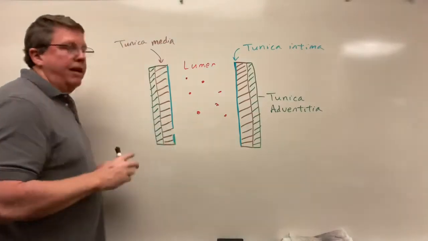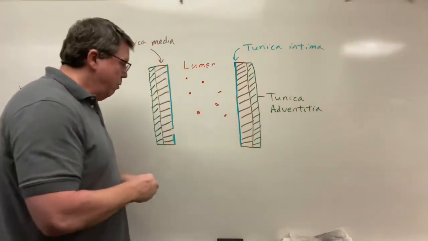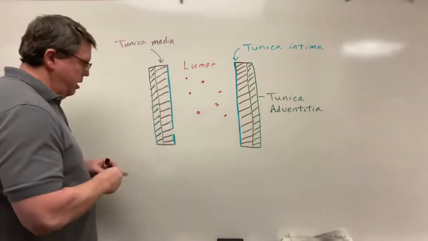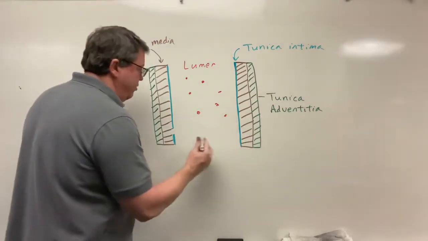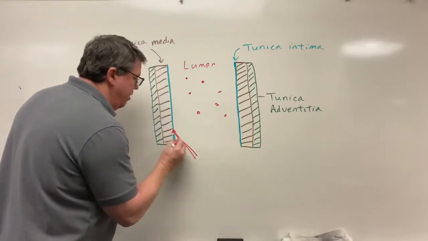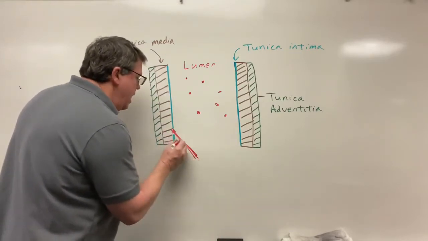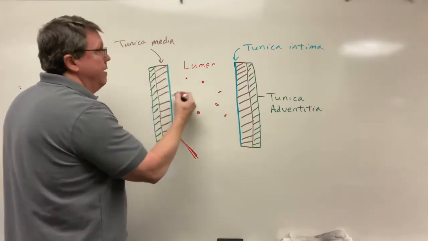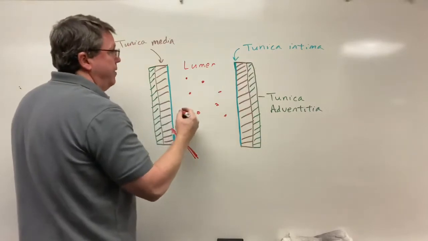Now I've got a tear in my tunica intima. As the blood pumps out of that left ventricle, some of the blood is going to come in through this tear, and as it does that, the blood is going to get between the tunica media and my tunica intima.